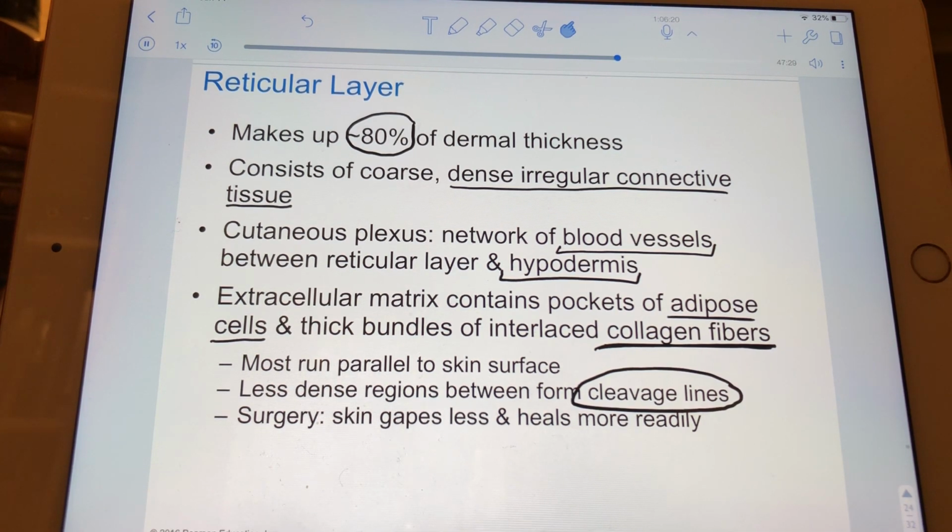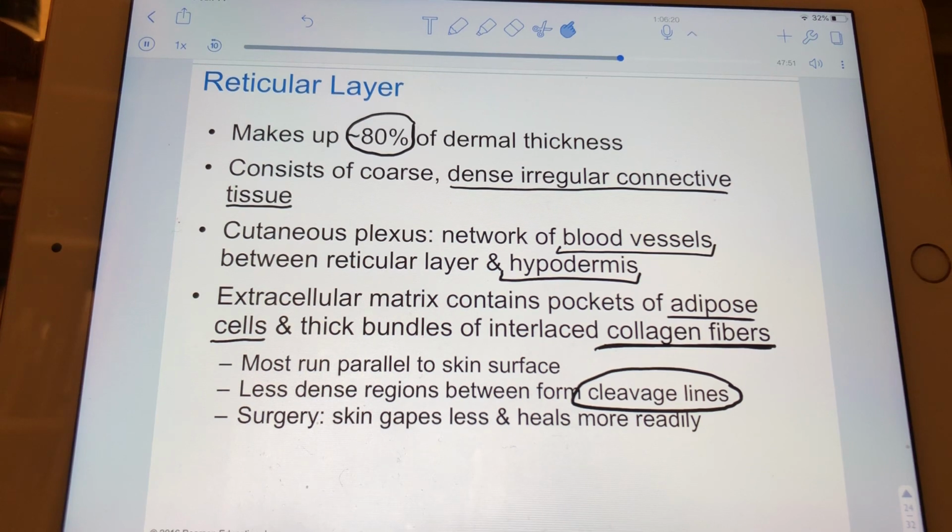And cleavage lines are actually quite predictable. In other words, we know from lots of study of the human body that the less densely packed fiber areas are here and not there.